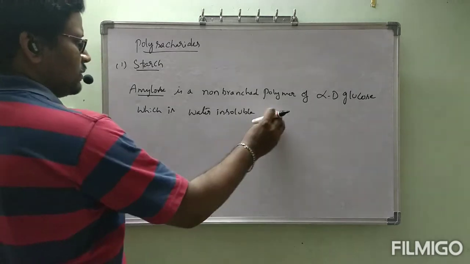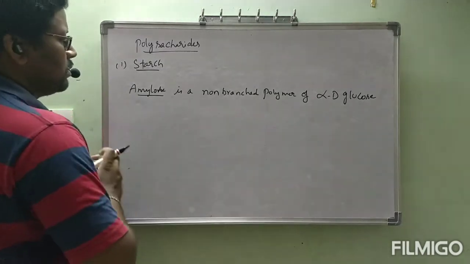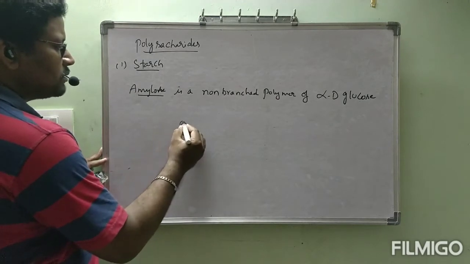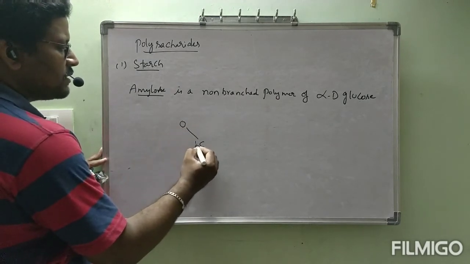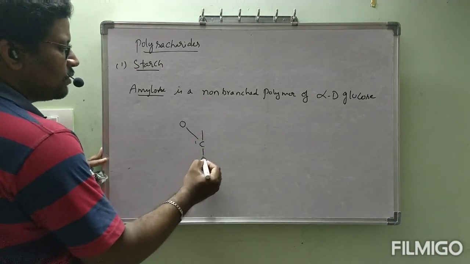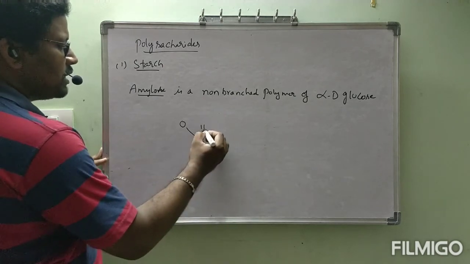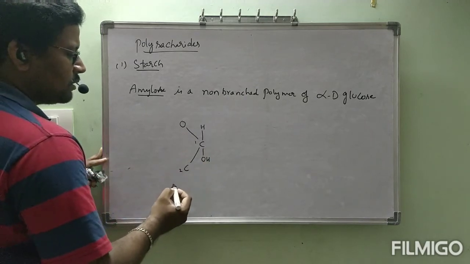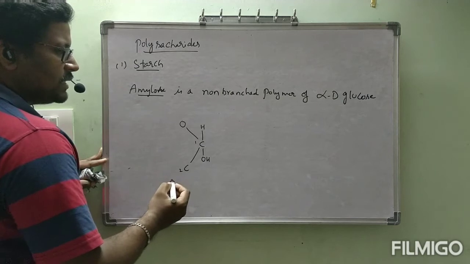Let us see. First, alpha glucose, oxygen, right side C1. C1 contains, for alpha glucose, OH down, H above. C2 is also right side OH.